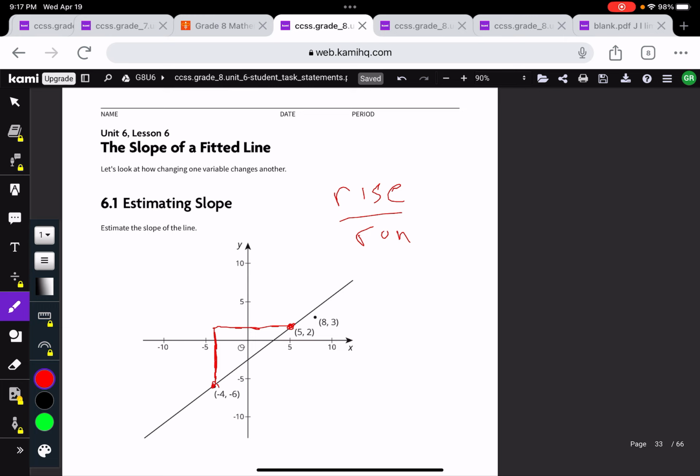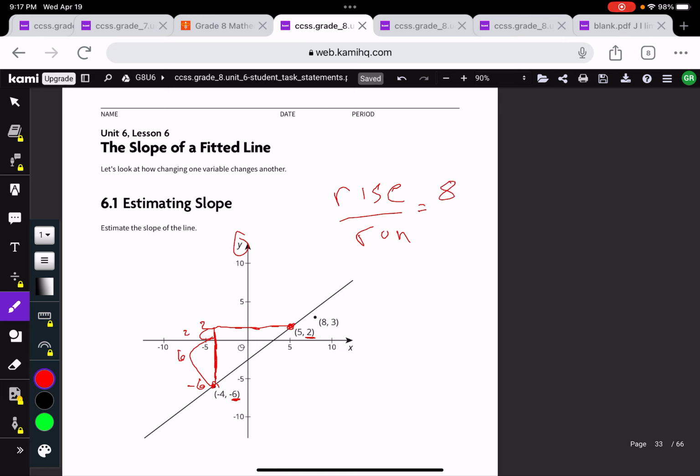I could get something. Do you remember which of these numbers? There's a 5 and a 2 and a -4 and a -6. The rise numbers are these right there. That's the y-axis. The second number is the y. So I'm going from a -6 all the way up to a +2, which means I'm going up 6 plus another 2, which means my rise is 8.